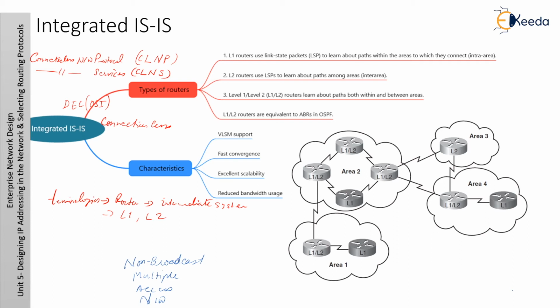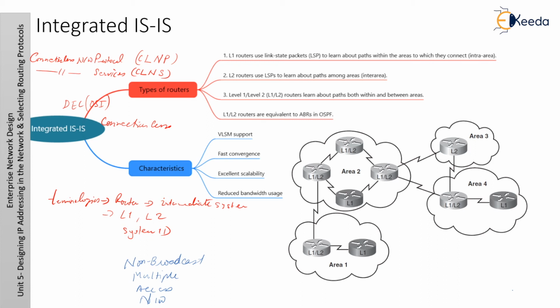Routing within the area is accomplished by looking at the locally significant address portion known as the system ID, and choosing the lowest cost path. L2 routing occurs between ISIS areas. L2 routers learn the location of L1 routing areas and build an inter-area routing table. L2 routers use the destination area address to route traffic using the lowest cost path.